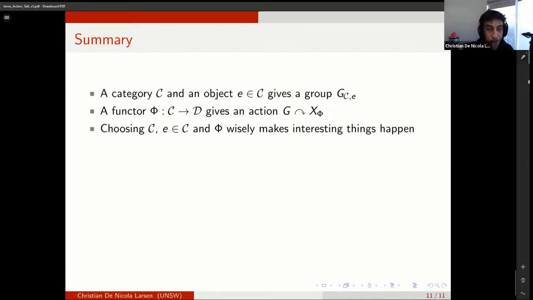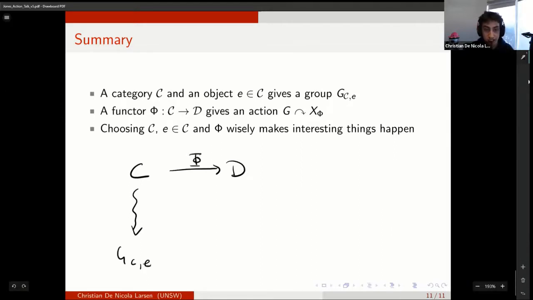And I'll just draw a diagram summarizing all of this. We have a category, and this gives us a group down here. And then we have a functor coming into another category. And this functor gives us an object of D, and then our group acts on it.